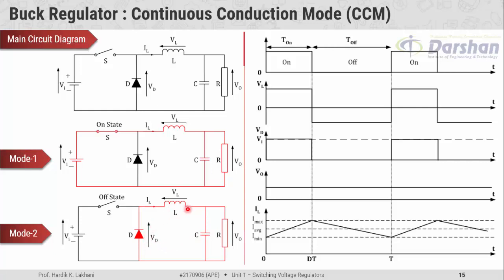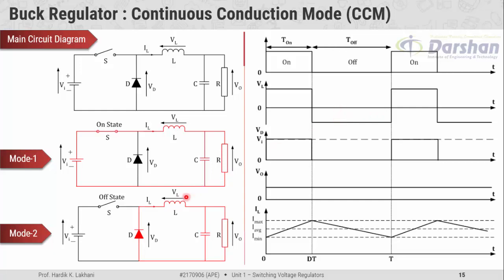So the current starts from the positive terminal of the inductor, passes through the load, passes through the diode and goes back to the inductor. In this direction, current delivers the energy to the load from the inductor L. During the second interval, when the switch is off, the voltage across the inductor is equal to minus V output.